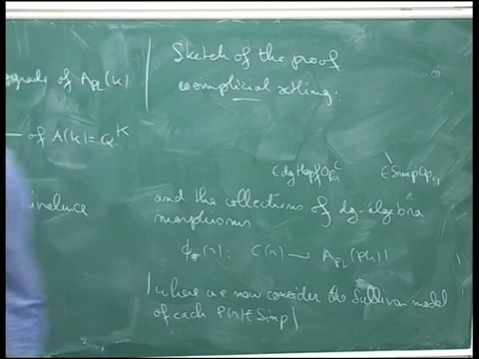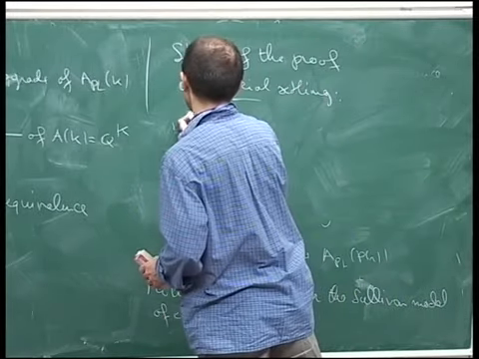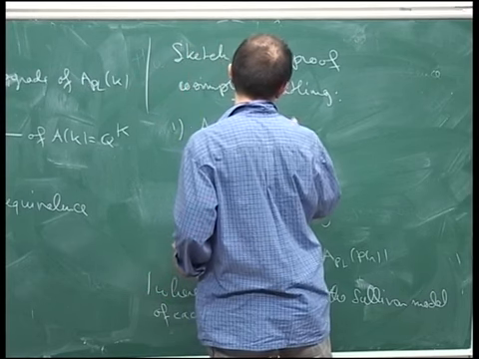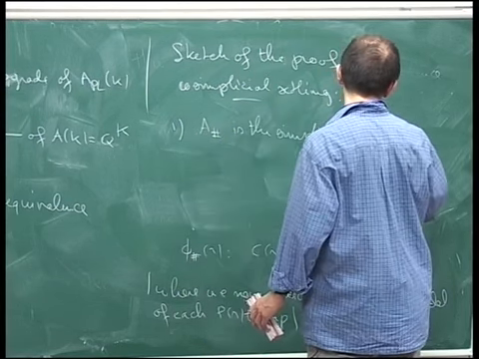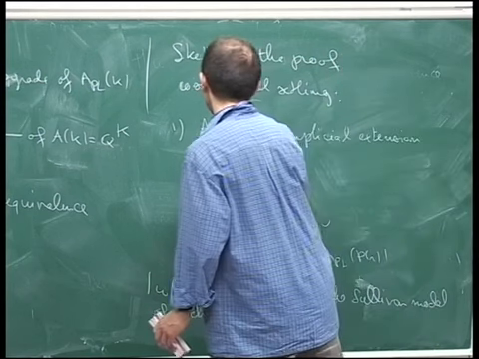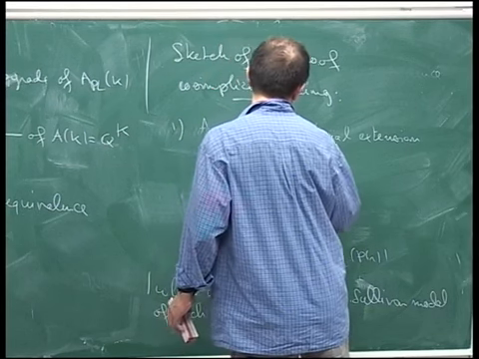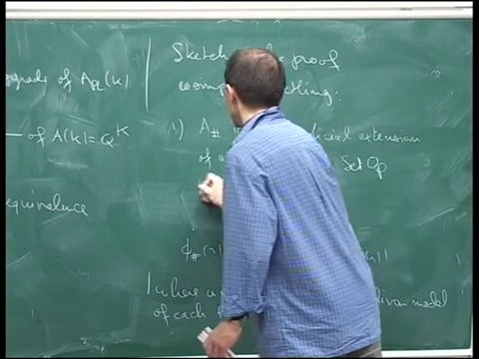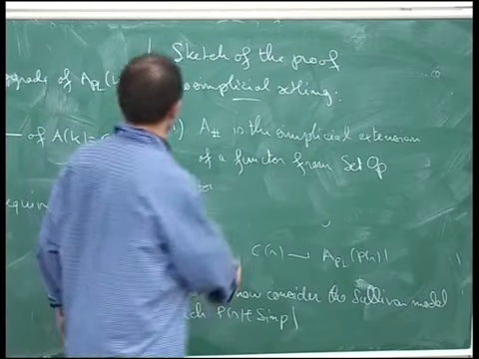The first step is to observe that this functor A sharp is the simplicial extension of a functor from operads in sets to cooperads in plain commutative algebras.